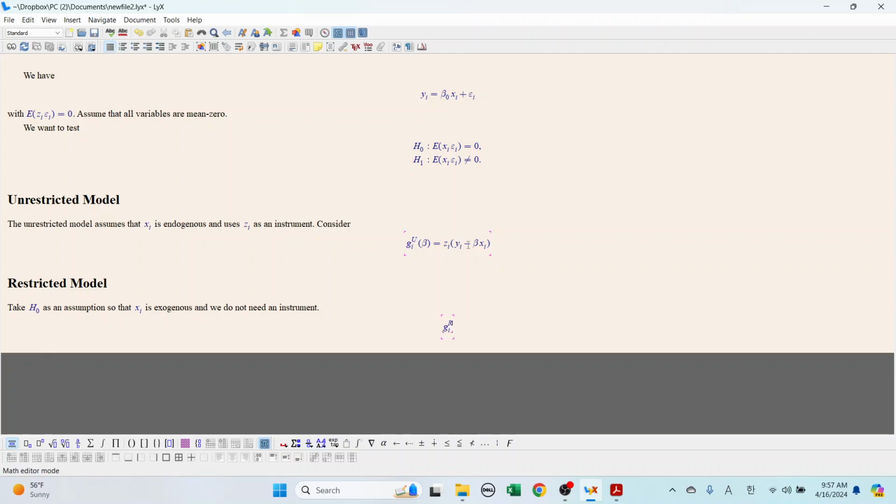Meanwhile, the restricted model has a similar but different moment function.